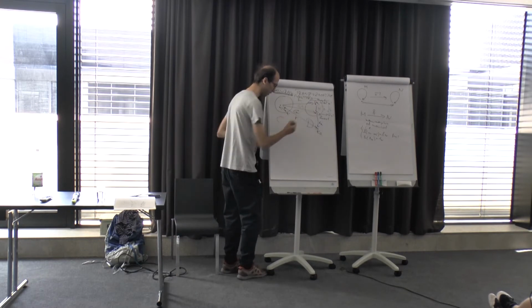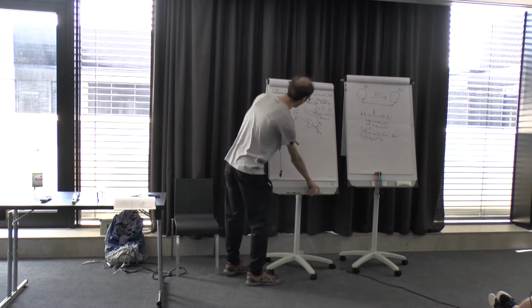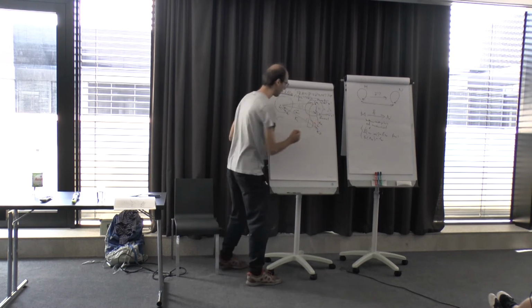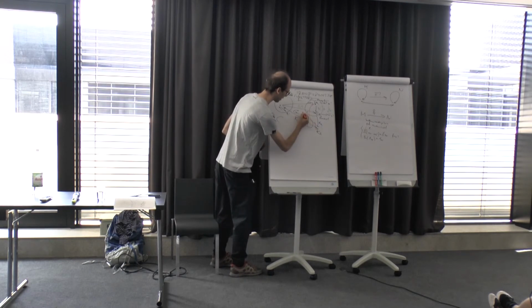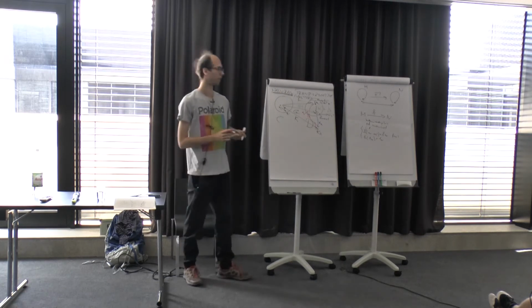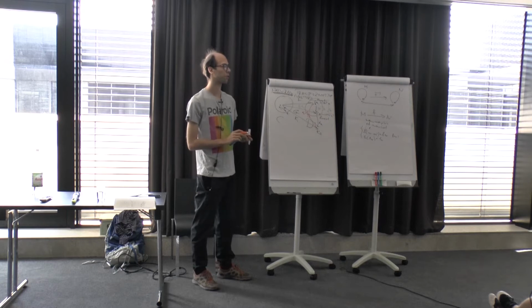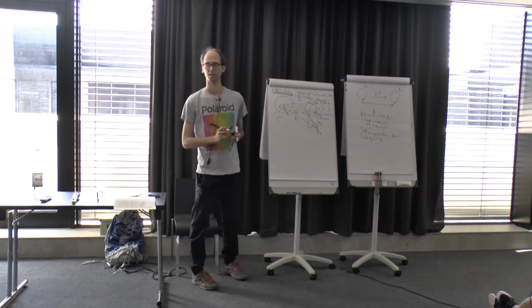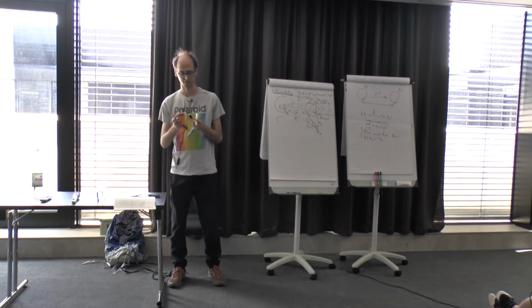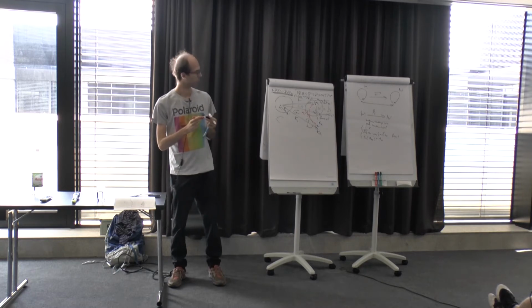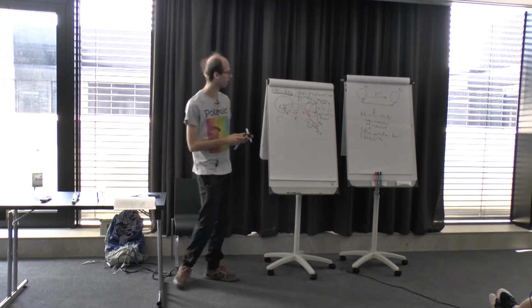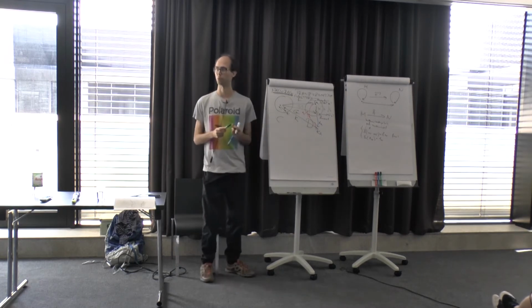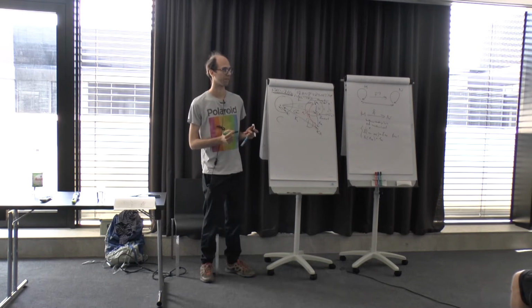What should we write here? What do we have to check? We have to check if it's a natural transformation, so we have to check if some diagram commutes. What kind of diagram?